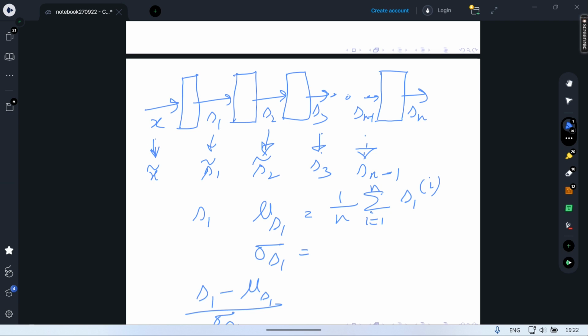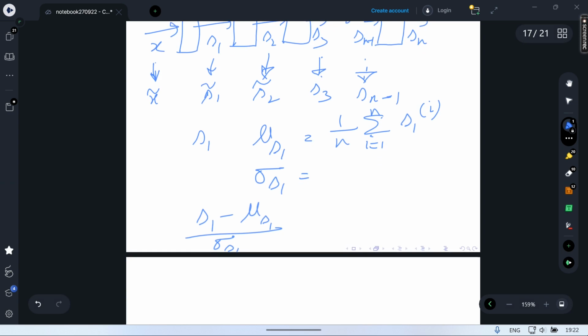Rather, we have only one batch of the training data. So we cannot calculate the mean and the standard deviation of the entire training data. Rather, we can calculate the mean and standard deviation for only the current batch of the training data.